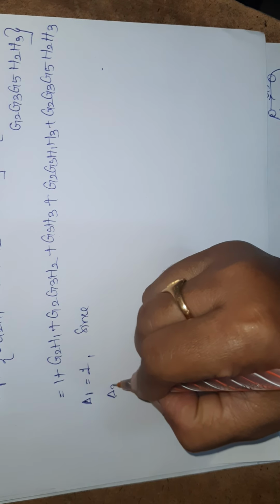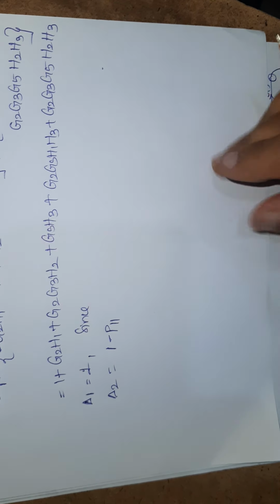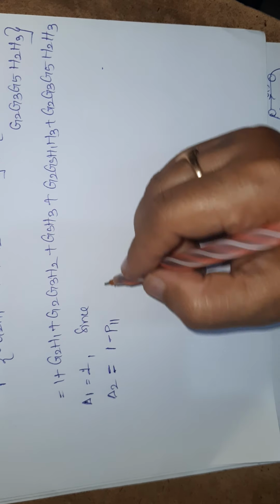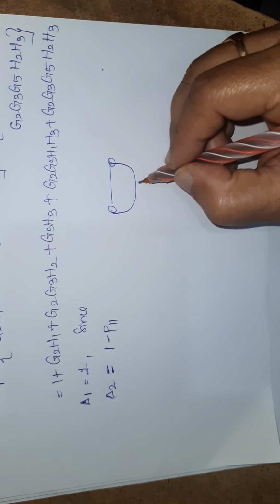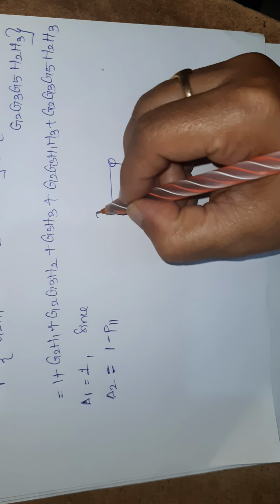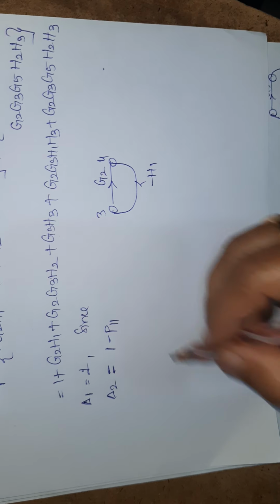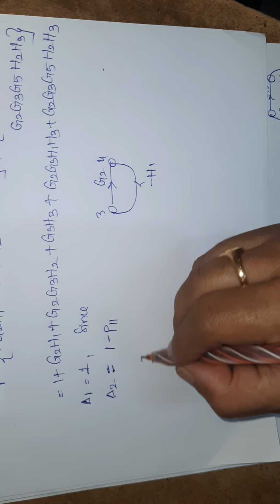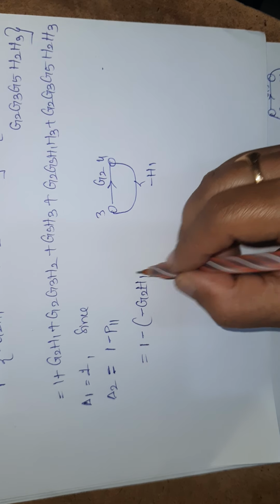Del 2 is equal to 1 minus P11. What is P11? P11 is a loop which is not touching the forward path. So 1 minus P11, 1 minus of minus G2 H1.